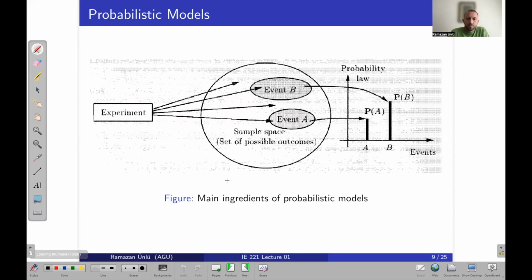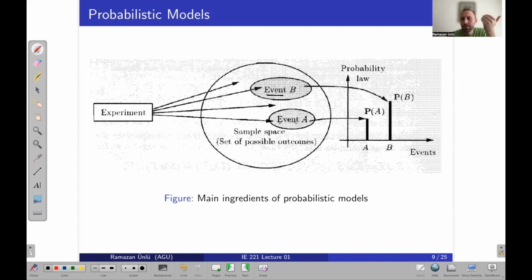So let me show you the events in the sample space visually. Let's say we have an experiment. The experiment we illustrated is tossing a coin, or another popular example in the probability lecture is rolling a die. But in any way, this is just a random experiment, and as a result we get some outcomes, and these outcomes will create some events.